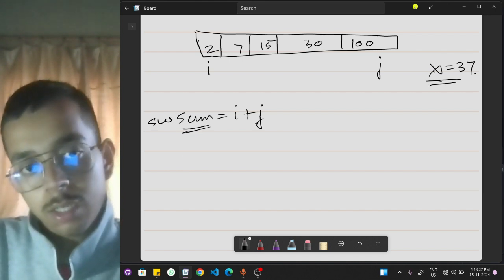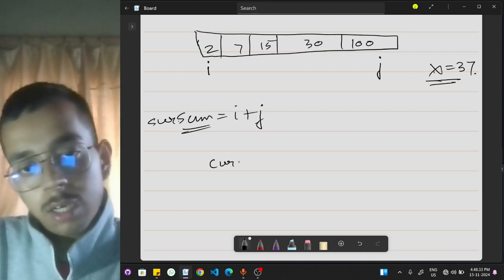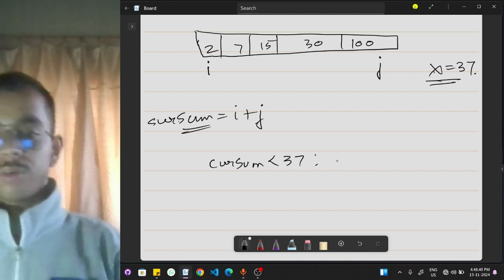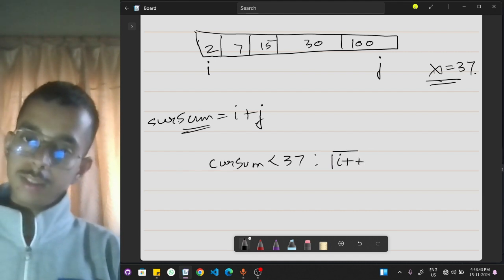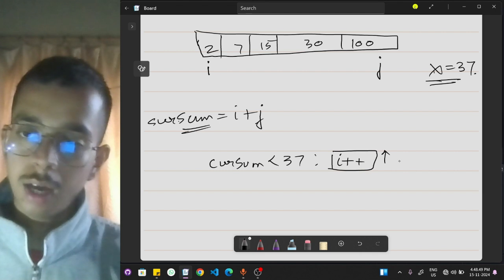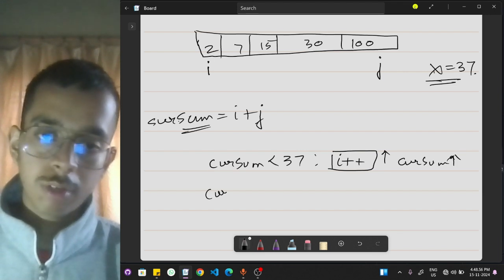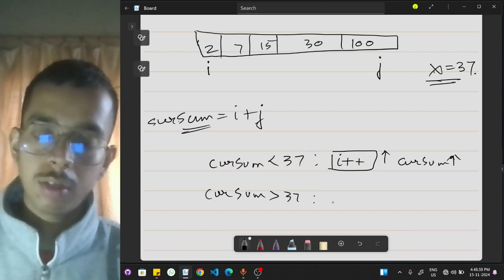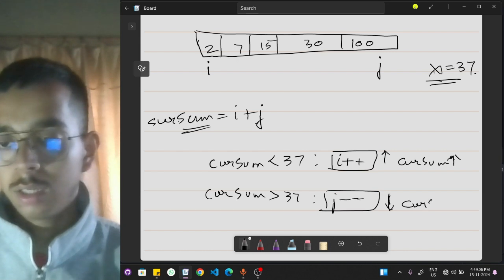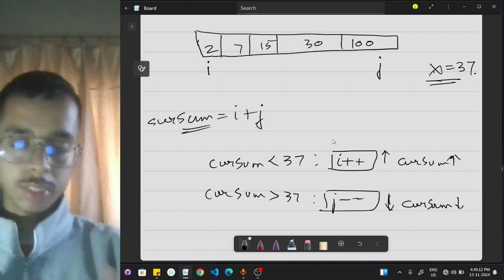If the current sum is greater than 37, we do j minus minus, that means decreasing j, and the current sum will decrease.